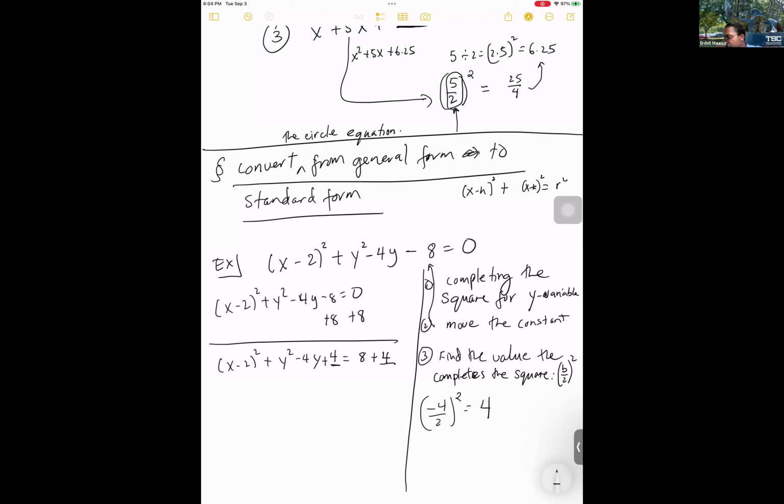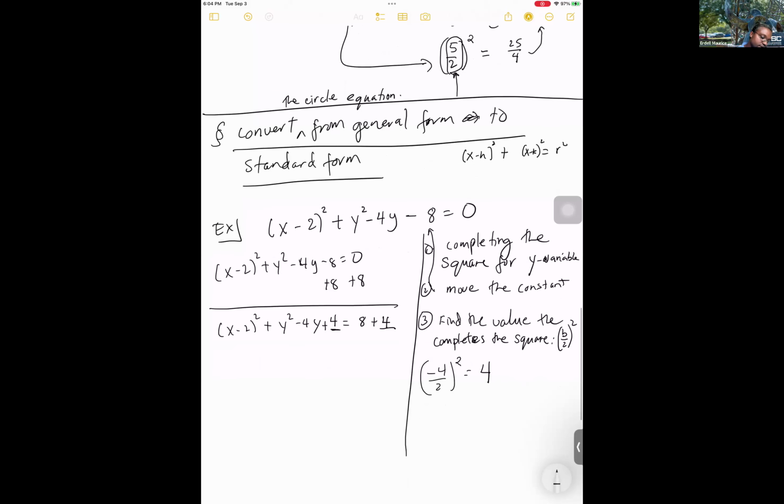Questions there? Now that I have done this, I have to convert the perfect square trinomial into a binomial.